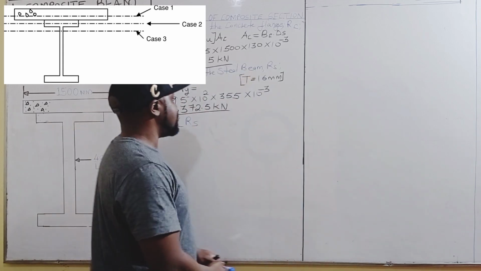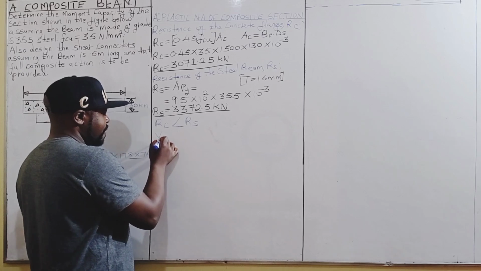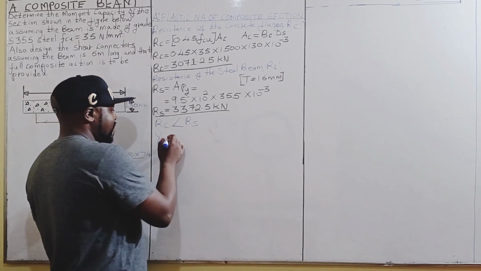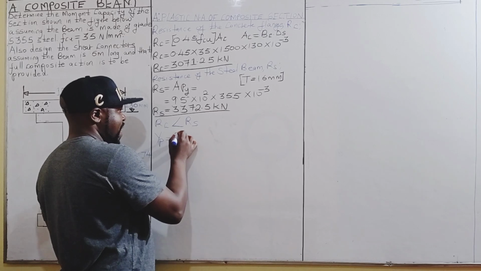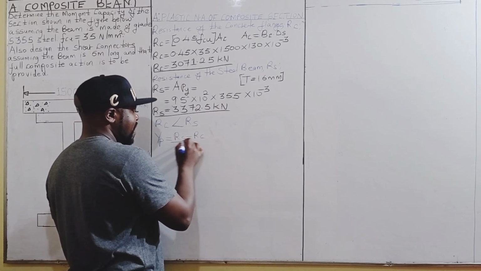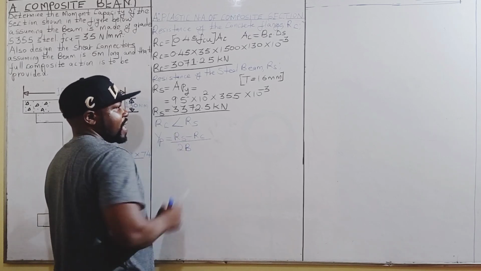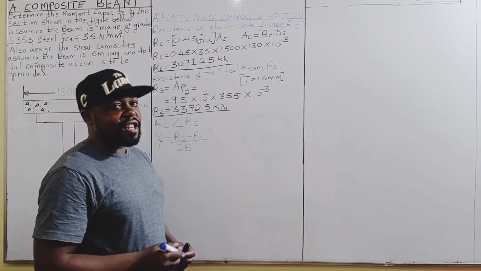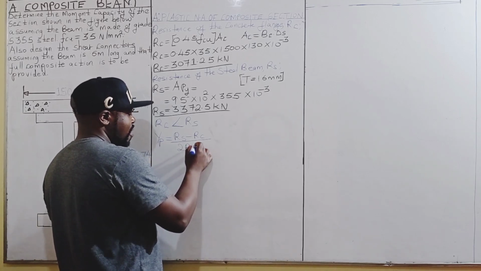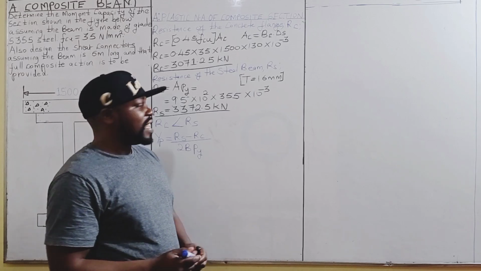We can prove this by calculating the depth of the neutral axis. The depth of the neutral axis will be given by RS minus RC divided by 2 times the breadth, the width of the steel section, times PY, which is the design strength of the steel section.